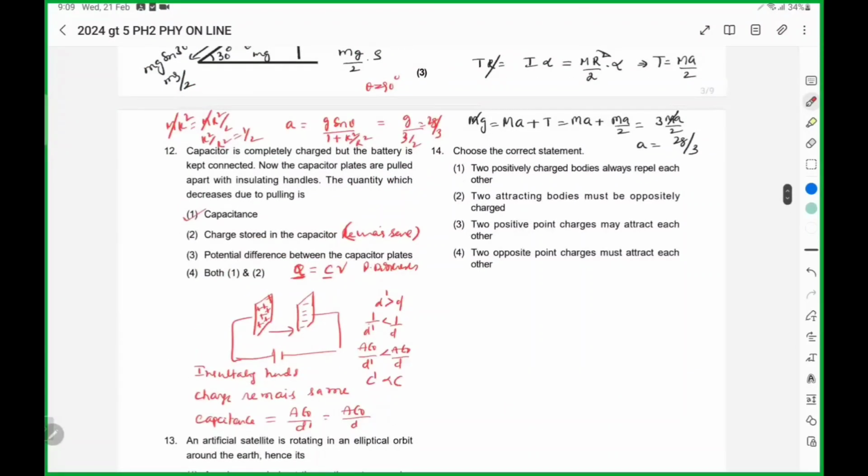This is an interesting question. Generally, there is a chance of making mistakes. Here it is a point charge and a charged body. The statement that positively charged bodies always repel each other is wrong. If you take one body having comparatively more charge than the other body, generally there is a force of repulsion between positively charged bodies.